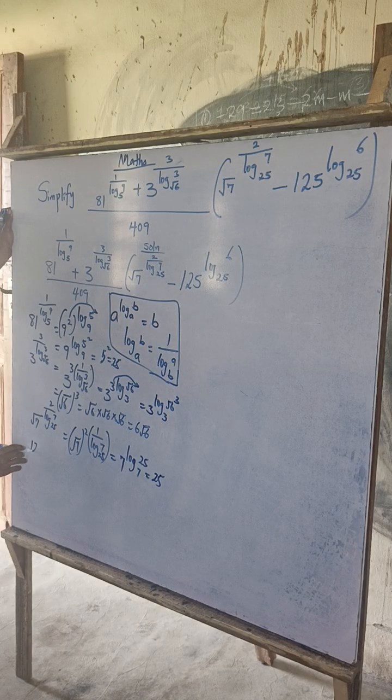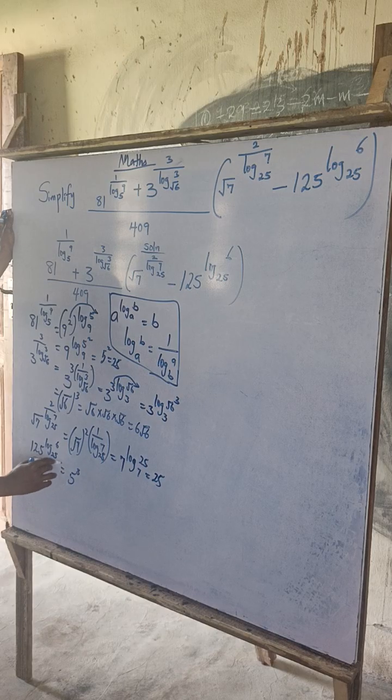Now, the next thing to be simplified is 125 raised to power log 6 to base 25. 125 can be written as 5 raised to power 3, and 25 can be written as 5 raised to power 2. In simplifying, we take these two and divide, because the power is in the base.